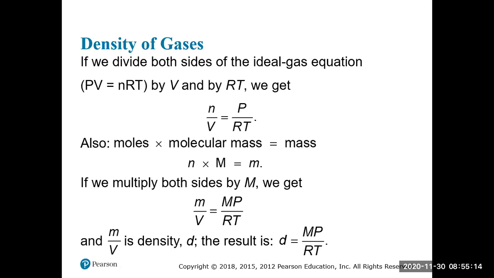So we can substitute that mass per volume with D to signify density. That leaves us with density equals the molecular mass times the pressure divided by the gas constant times temperature. So by using the ideal gas equation and doing some rearrangements, we can get a relationship between density and molecular mass, pressure, and temperature.